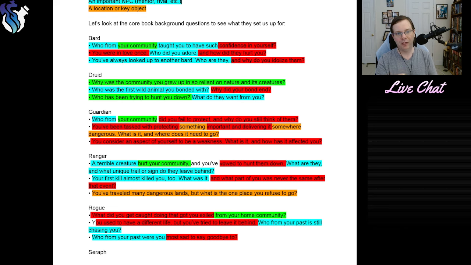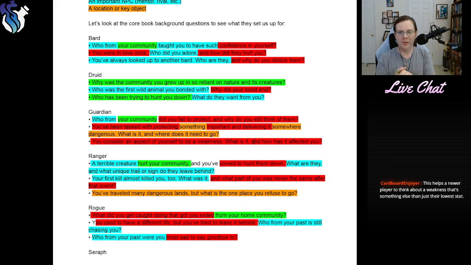And so I might recommend for somebody playing a Guardian that if this weakness has affected other people and affected you, maybe you choose somebody who isn't that one person you failed to protect, so that you have a larger number of relationships, not just to only this one character in this community, maybe other people in that community, people outside of that community. Figure out what works for you.